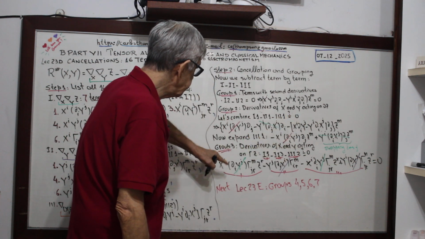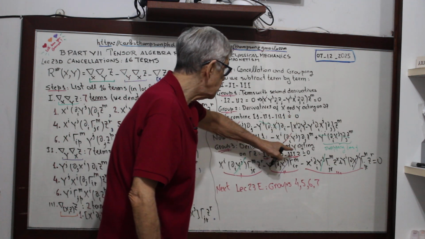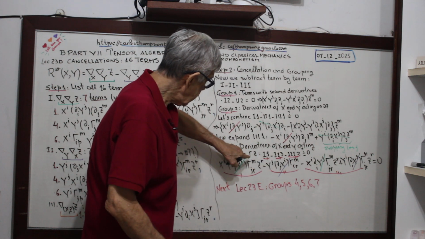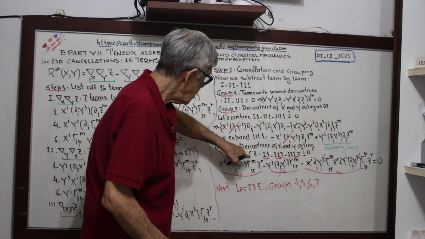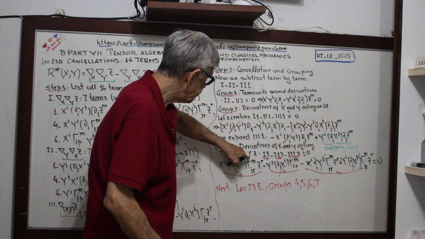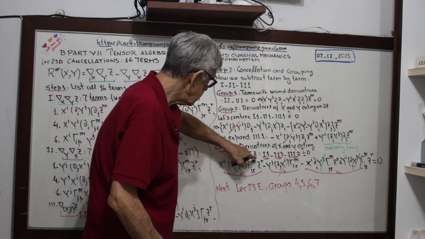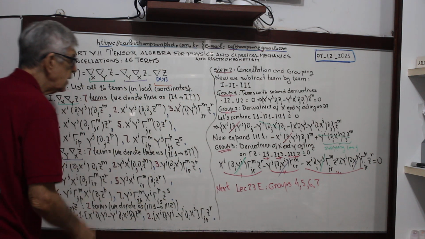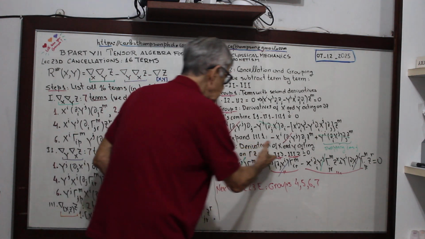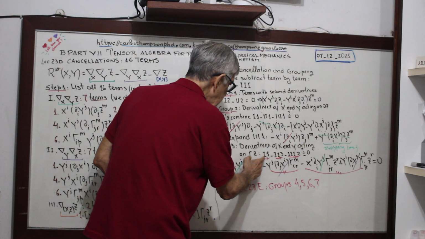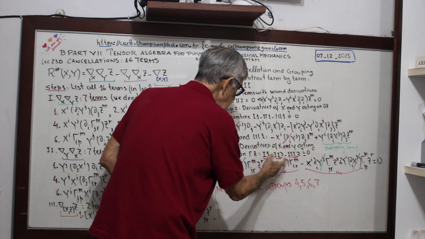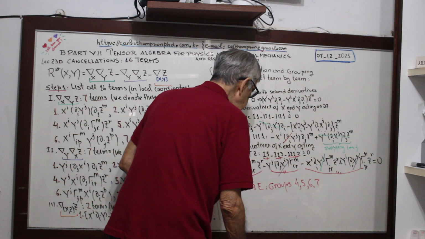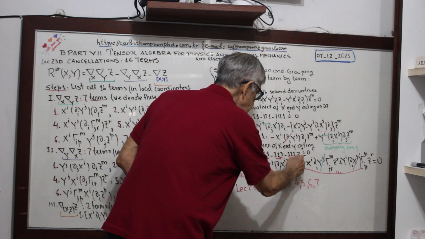Now group 3, derivative of x and y acting on gamma z. All the terms which have gamma z, I just pick from here and write over here. This will be I3, and this II3, this II2.